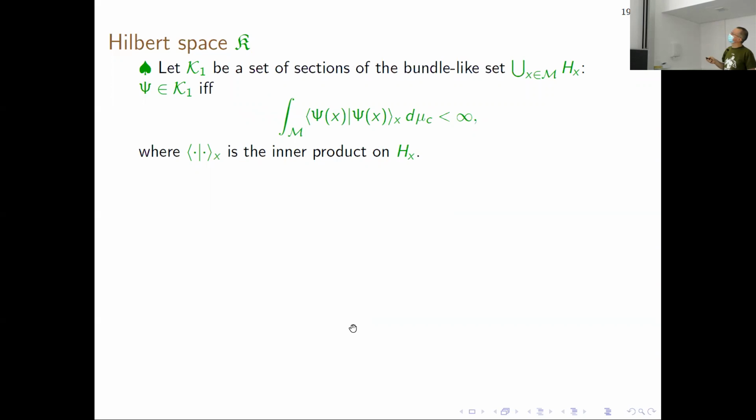Now I consider again the bundle-like set, which is the union of the Hilbert spaces Hx, and I consider a set K1 of sections of this bundle-like set, and this set is defined as follows. So psi belongs to this set if and only if the following integral is finite. Here we have the counting measure on the manifold M, and this guy here denotes the inner product of the Hilbert space Hx.